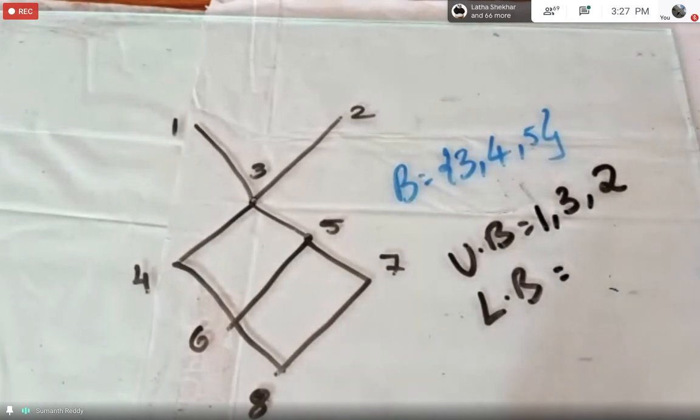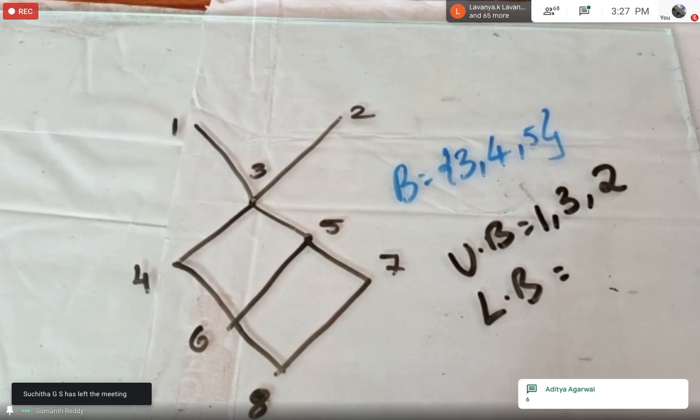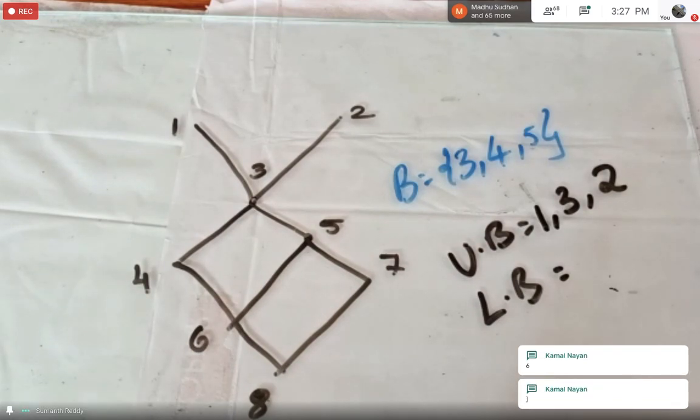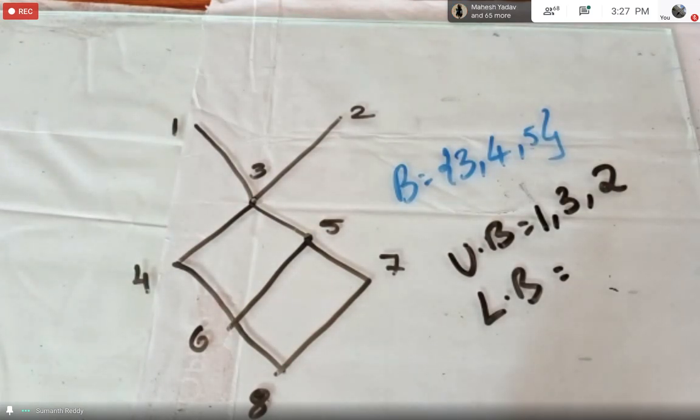Okay, so now can you answer which are all the lower bound elements? Which are all the elements that are related to 3, 4, and 5? Okay, you are answering as 6.